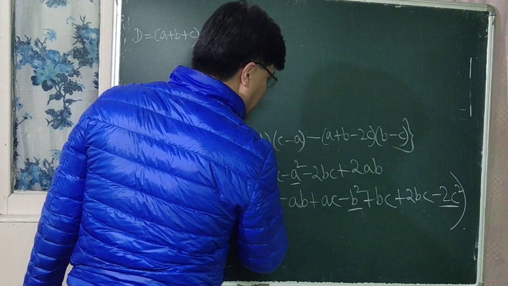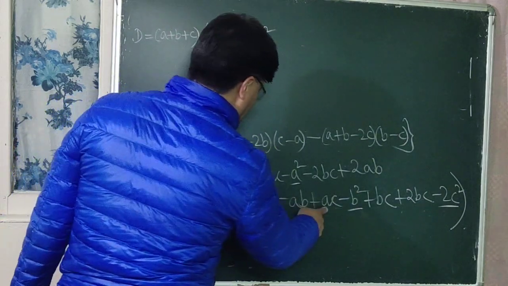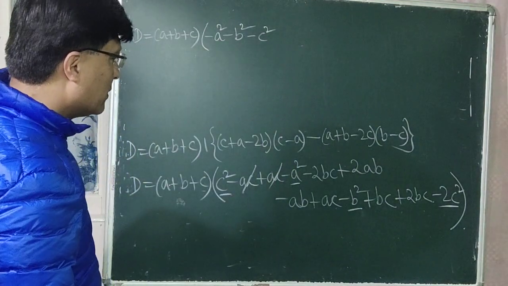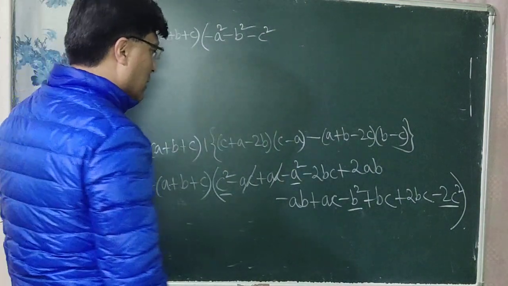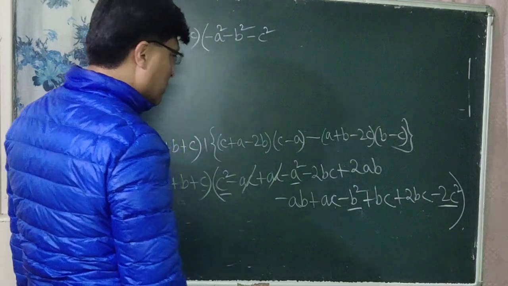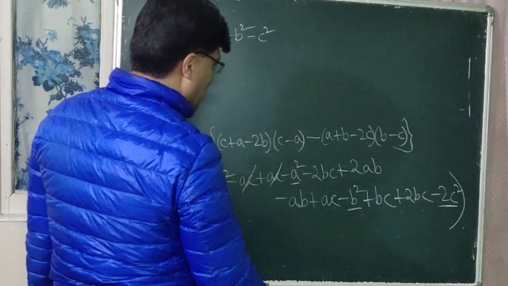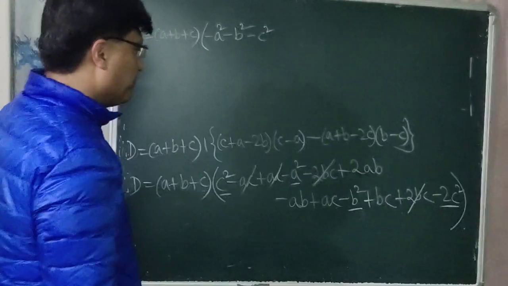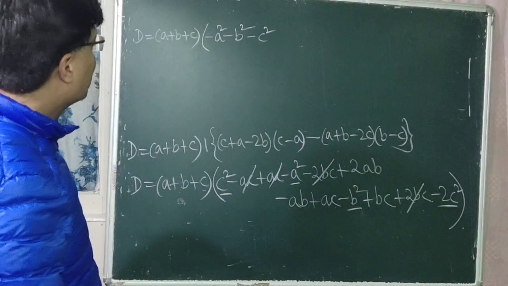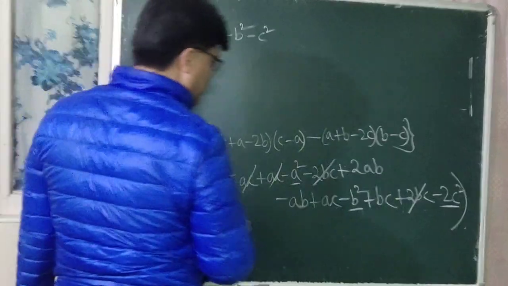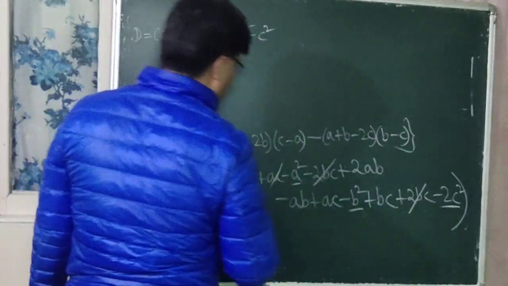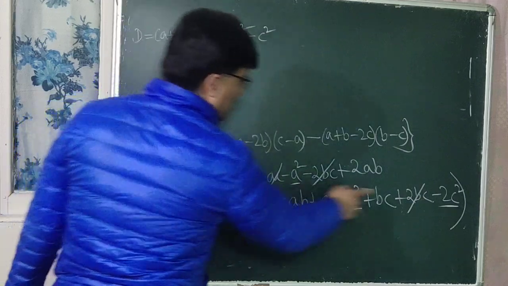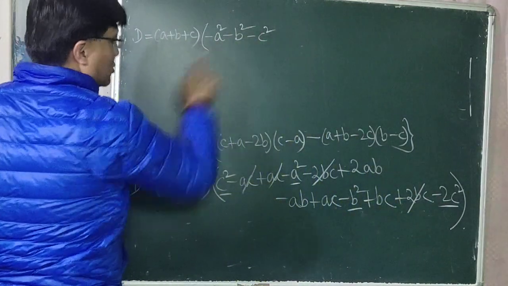this minus AC. This is minus AC plus AC, you can cancel it, right? Next one, what is next one there? Minus 2BC plus 2BC, also you can cancel them. Okay, so now write down the remaining terms. What are the remaining terms here? C square minus 2C square is minus C square.